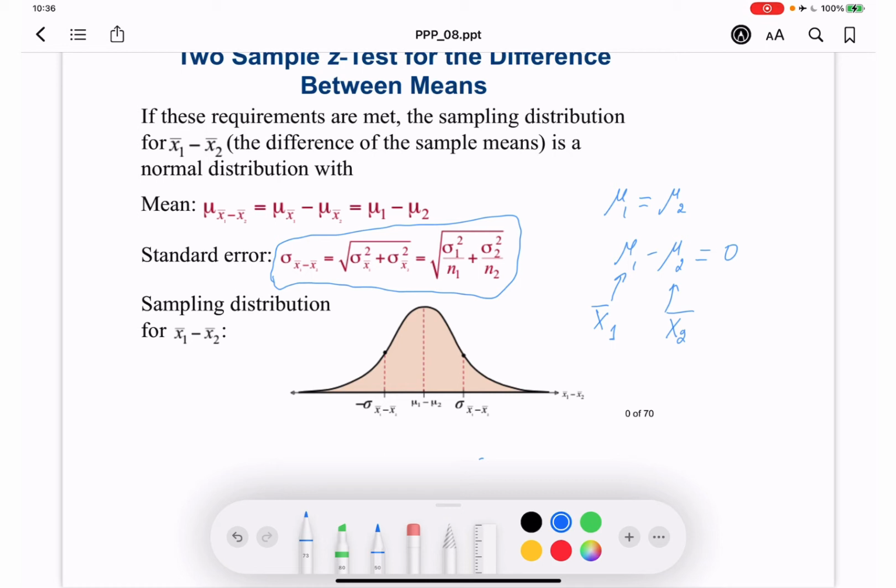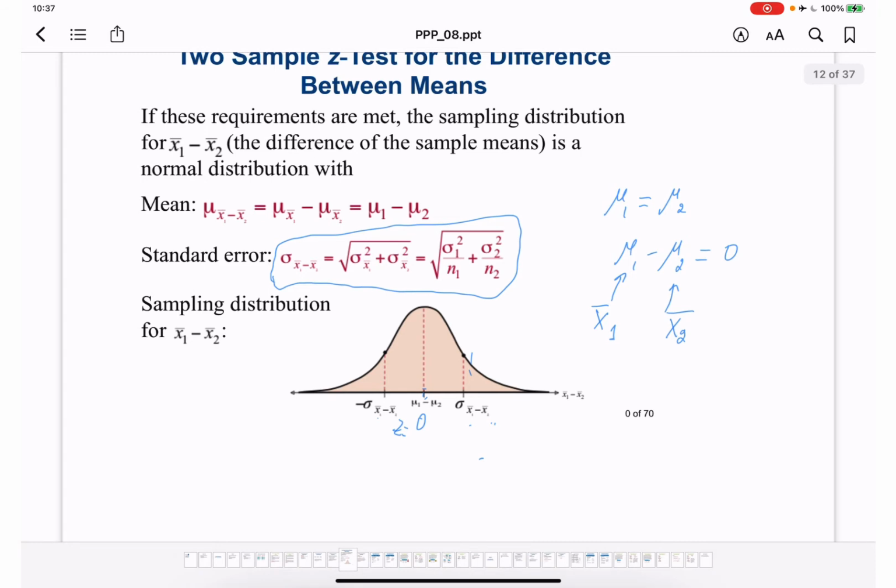So the sampling distribution looks like this. This is our mu1 minus mu2, and it equals 0, because in a normal distribution the average z-score is always 0. Then we have sigma, the standard deviation of x1 minus x2. So let's move on with solving such a problem.